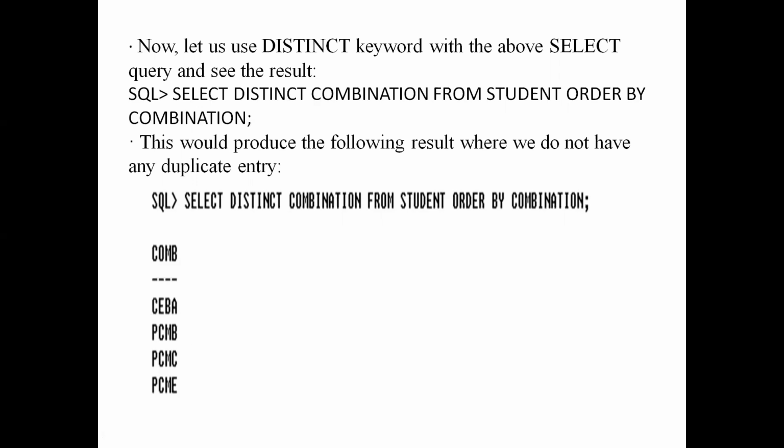In that, PCMC and PCMBs are repeated. That repetition can be avoided with the help of this distinct keyword. If you use the distinct keyword with the select command, you can eliminate the duplicate records fetched from the table. That is shown in this example.